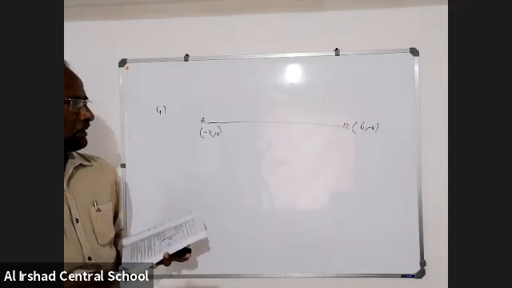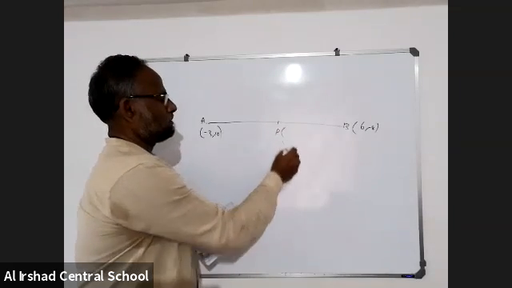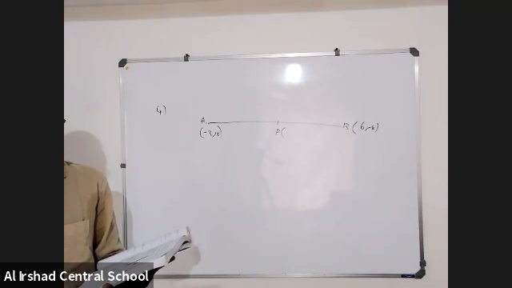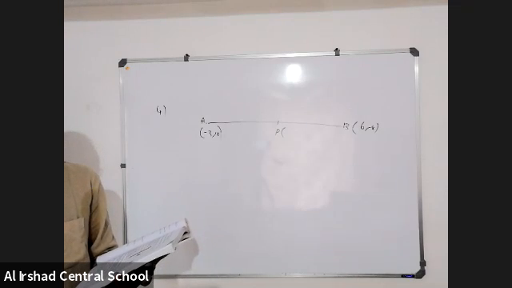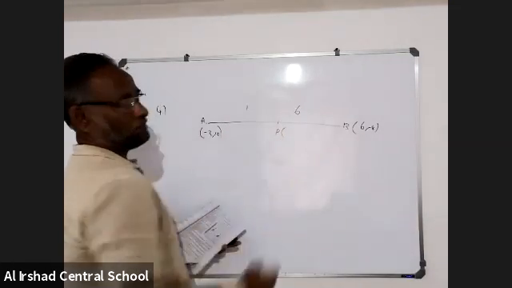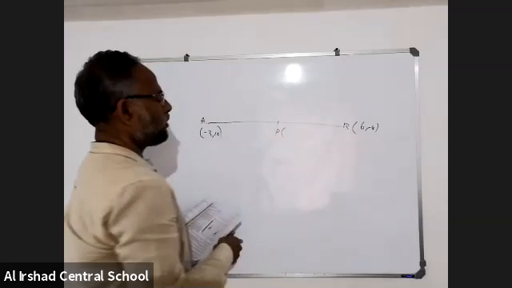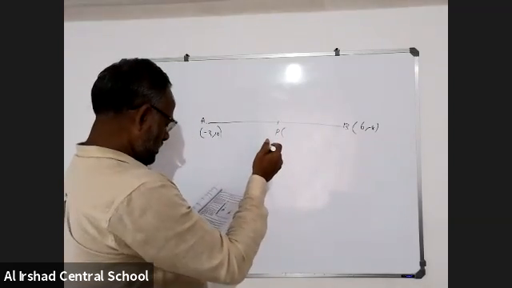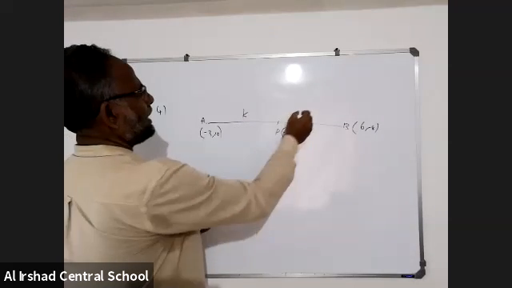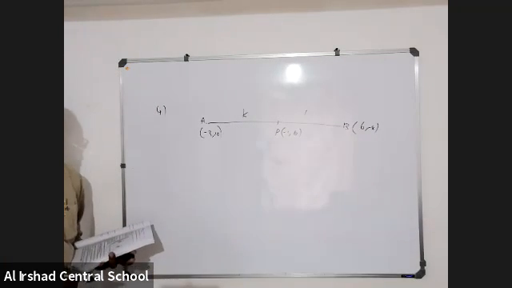P is somewhere here, suppose P. Can we write even 1, 6? No, the coordinate is given. The point is given. So here P is -1, 6. Now we have to find the ratio. M1 is K and M2 is 1. Here you are taking the ratio as K:1.